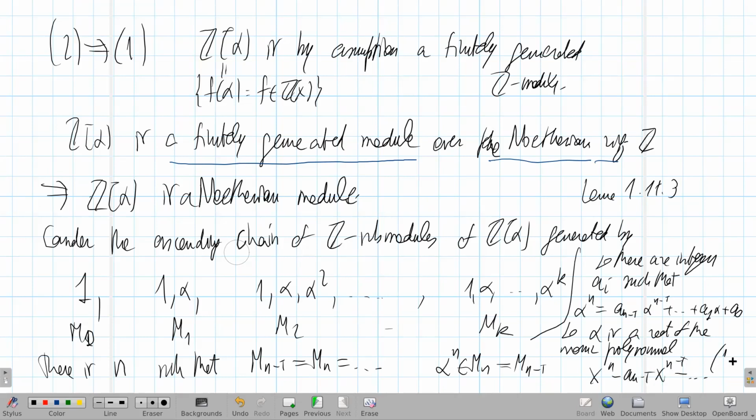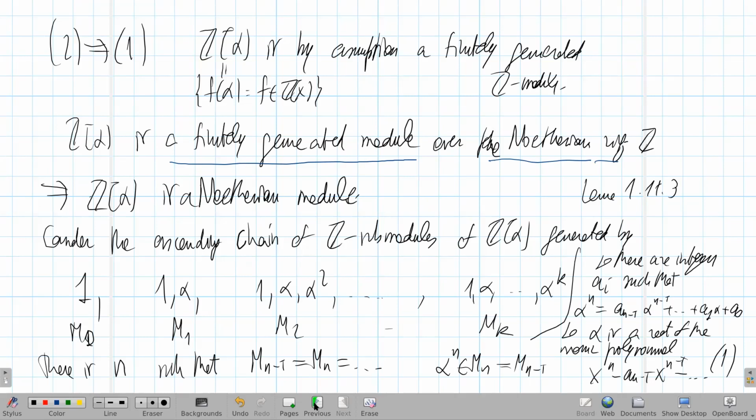So here we have used the fact that a finitely generated module over a Noetherian ring is a Noetherian module. We have taken this ascending chain of submodules generated by linear combinations of powers of alpha, and when it stops, you get this polynomial. And we are left with the last step.